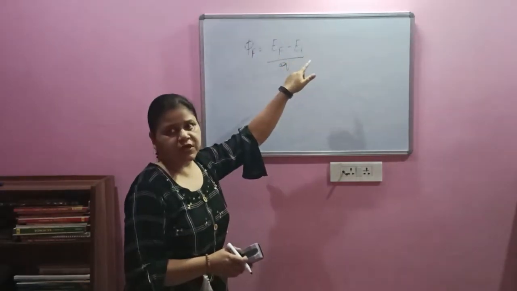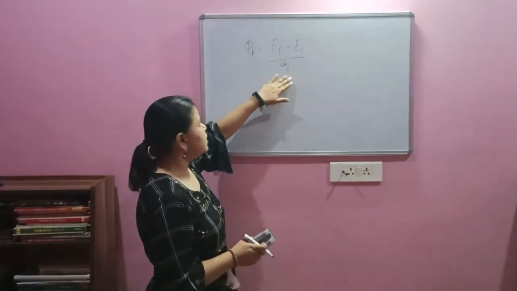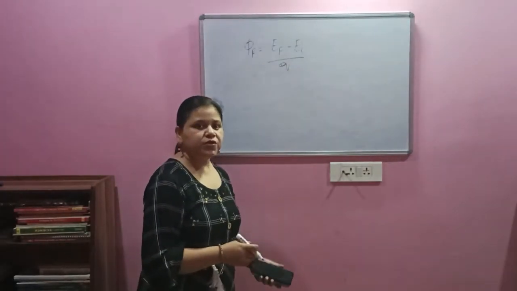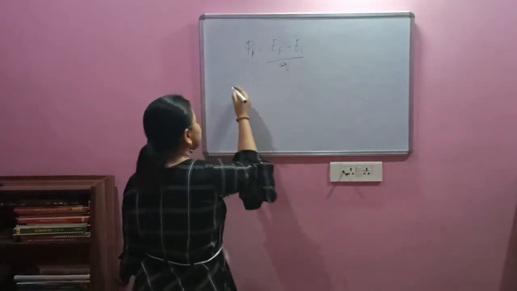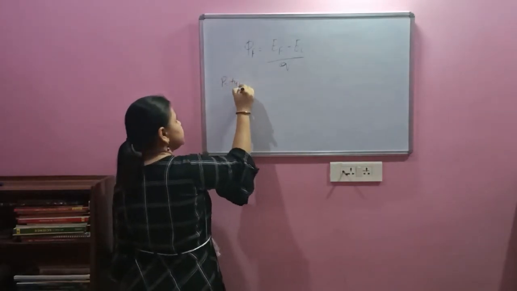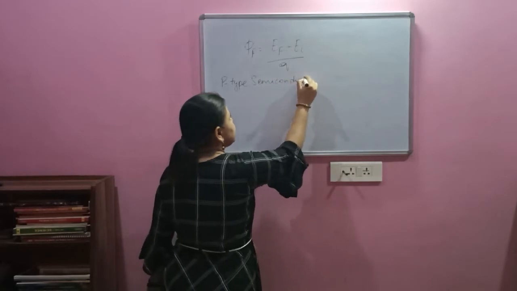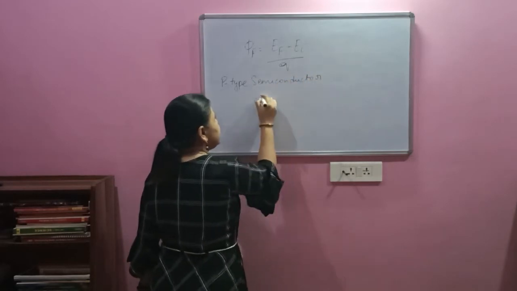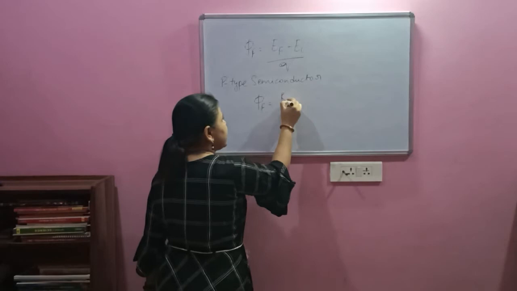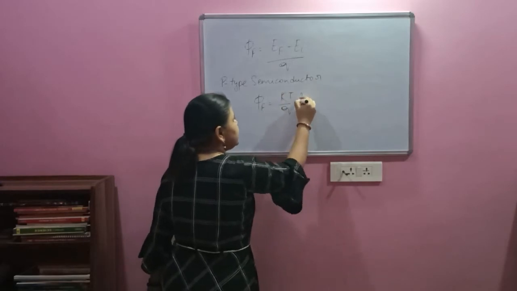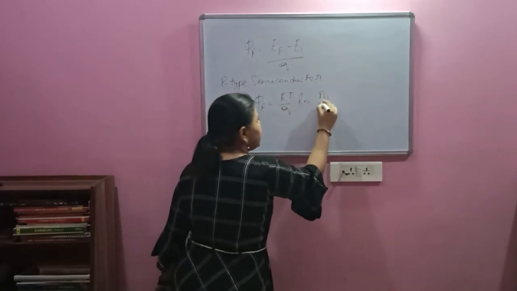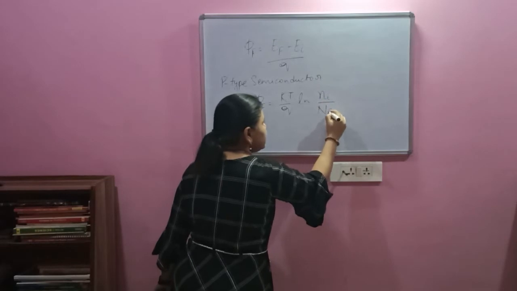Ei is denoted as the intrinsic Fermi level, and this is how we denote the Fermi potential. Now if I talk of a p-type semiconductor, then this Fermi potential is approximated as kT by q natural log of Ni upon Na.